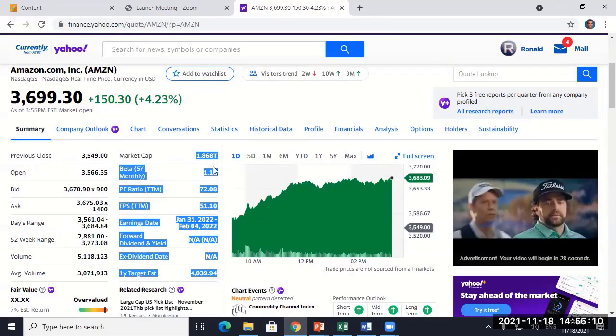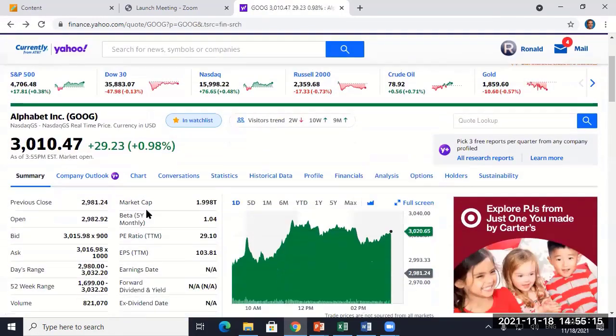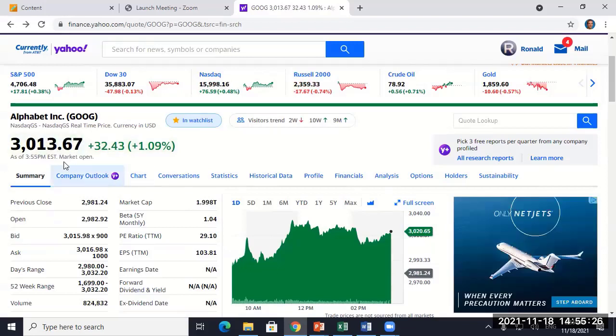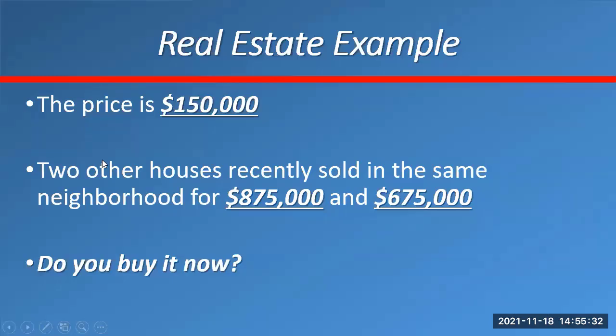Amazon is 1.9 trillion, just crazy numbers. Alphabet is 2 trillion. Alphabet is more valuable, but it may be more valuable because it has more rooms in its house than Amazon. That you can do, but you can't just compare the price. The price is completely meaningless because they can shift that at any second just by doing stock splits.